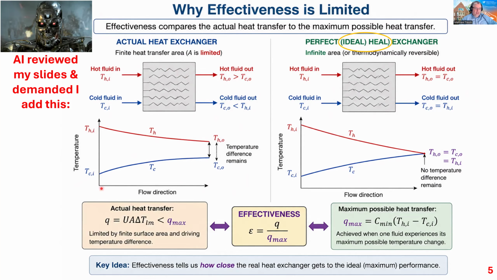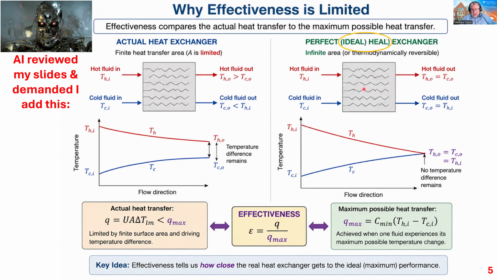Meanwhile, here's the length of the heat exchanger, here are those two temperatures, and the hot stream is getting colder and colder, and the cold stream is getting hotter and hotter. And they exit before those two temperatures are able to match each other. You could have an infinitely long heat exchanger, and these two would actually match, in which case you would have an effectiveness of 1, but that's an infinitely long heat exchanger, which is impossible.